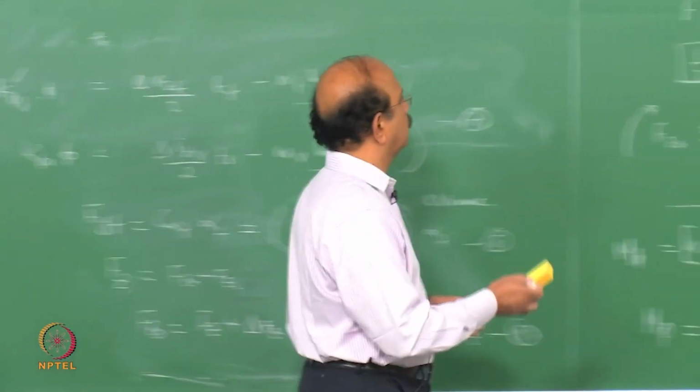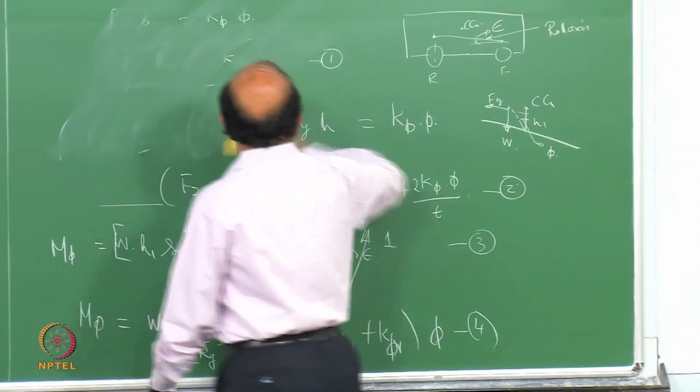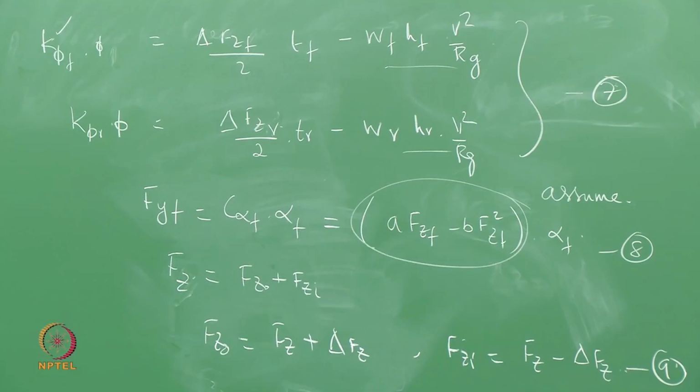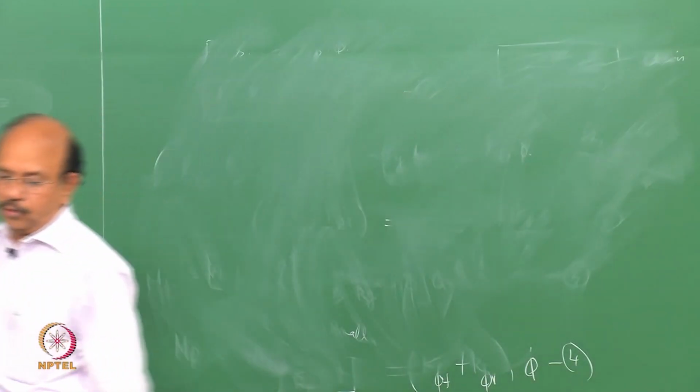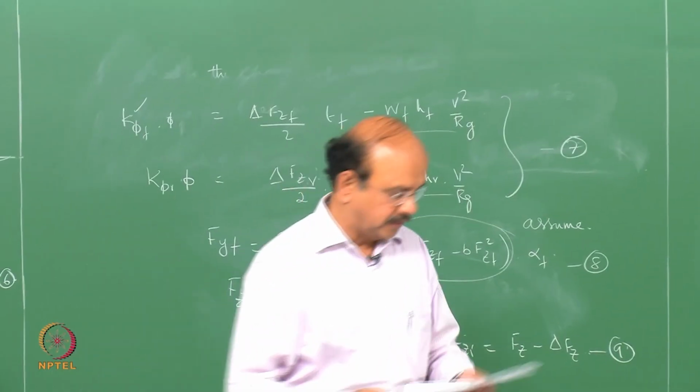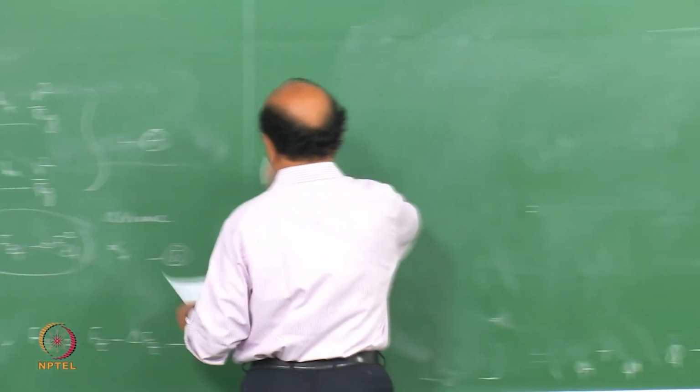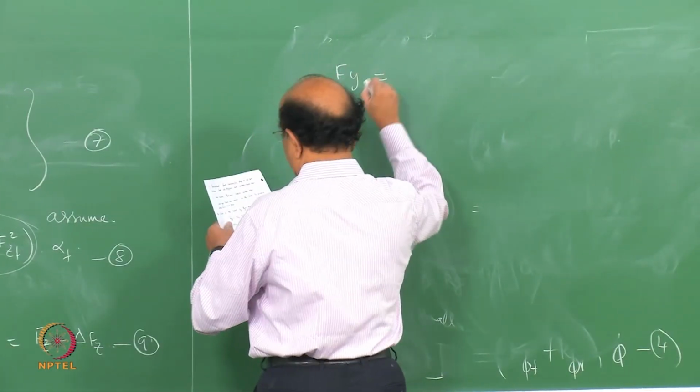I can write down Fy, in a much broader expression, taking into account the non-linearity with respect to Fz. This is a very straightforward exercise. So now Fy, substitute it and then simplify it.